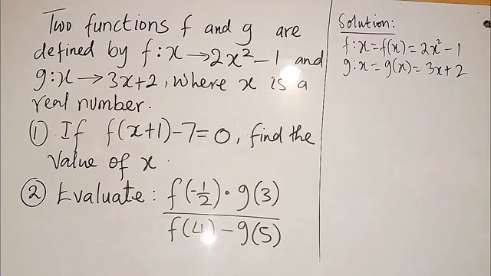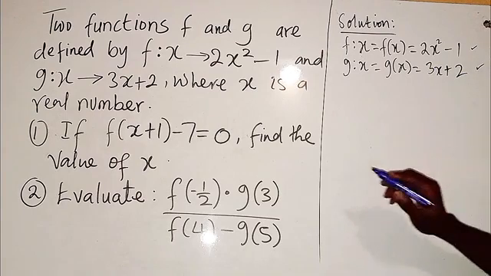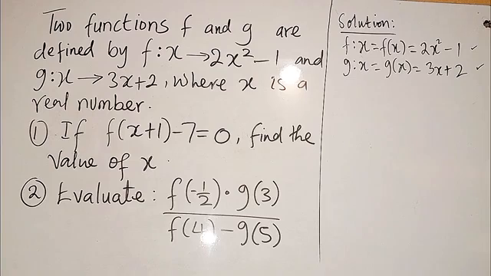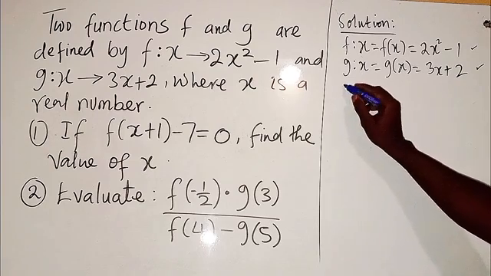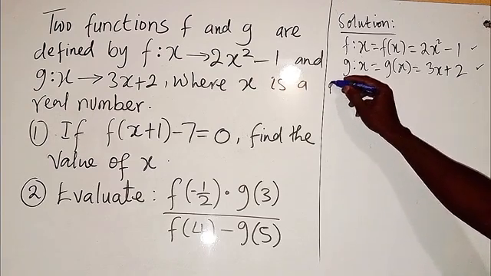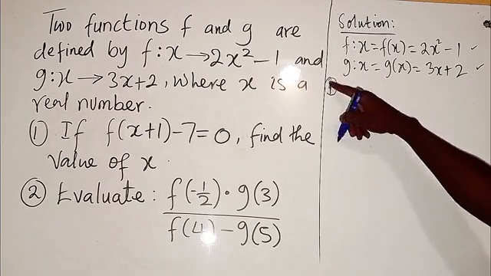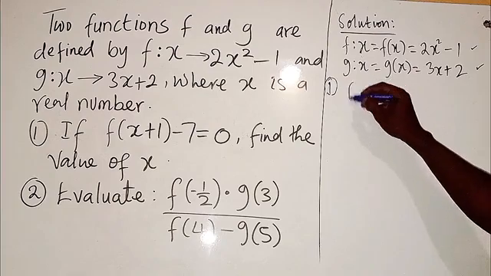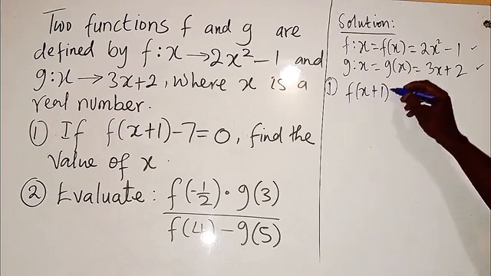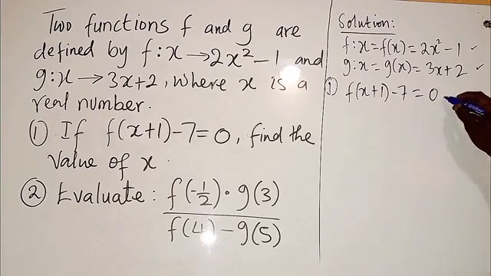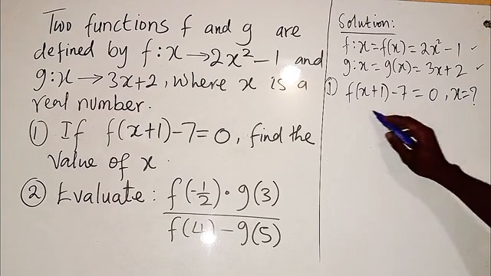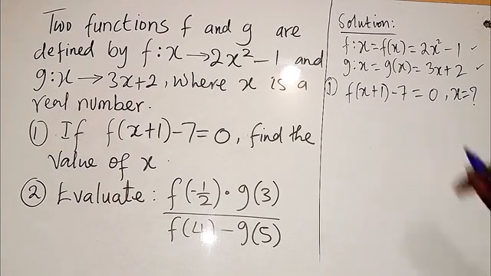This is what we are going to be using. Now, going to the first question, we have f of x plus 1 minus 7 equals 0. They want us to get the value of x.